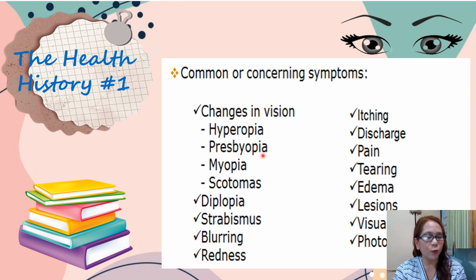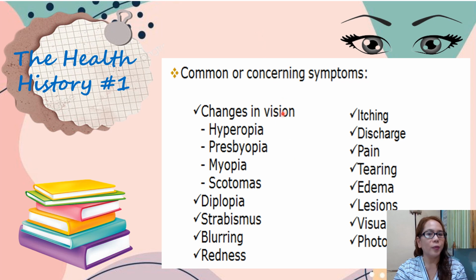And we have another one, abnormality, no, of the vision, presbyopia. It refers to the gradual loss of your eye's ability to see or to focus on nearby objects. It is natural daw. It's a part of aging. Okay, this can be noticeable when a person is aged from mid-40s.